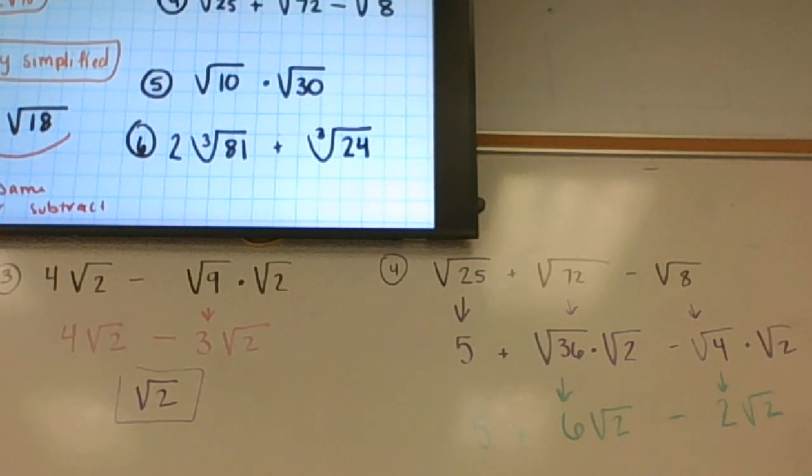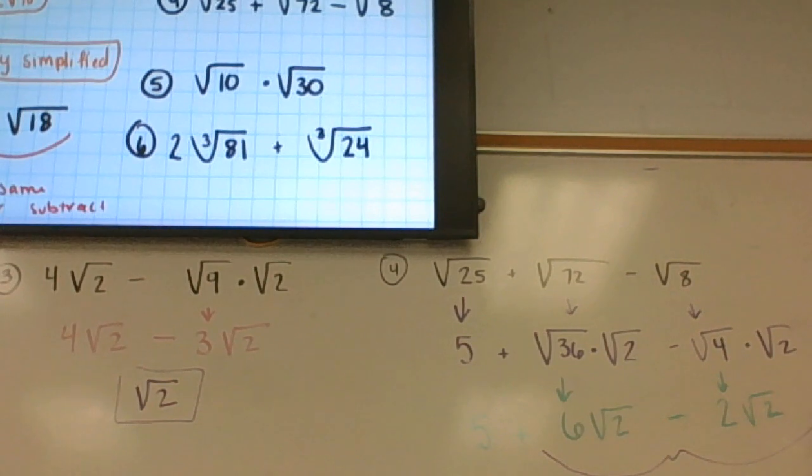All right. So now I have like radicals right here. This is 6 square roots of 2 minus 2 square roots of 2. 6 minus 2 is 4. And there's still a 5 out front.